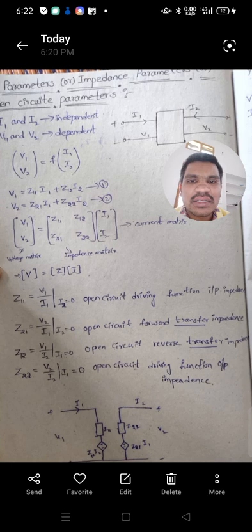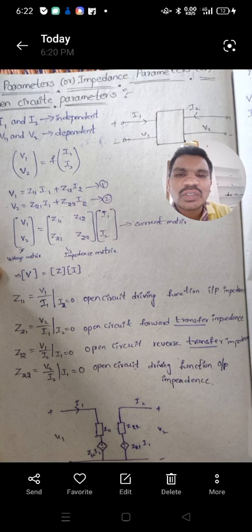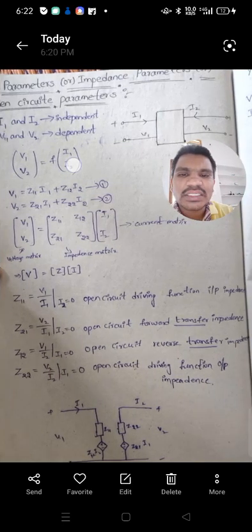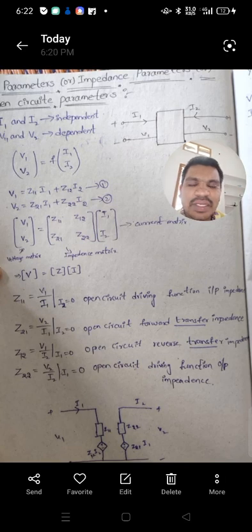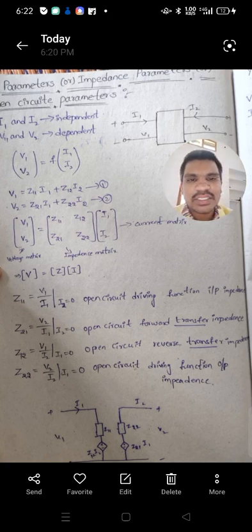That means the input voltage depends upon both the input current as well as the output current, and the output voltage also depends upon the input current as well as the output current.